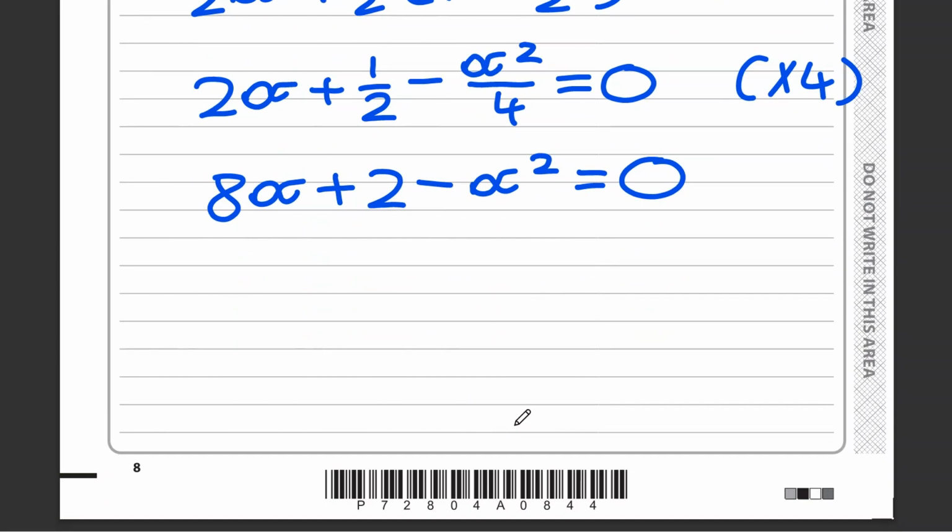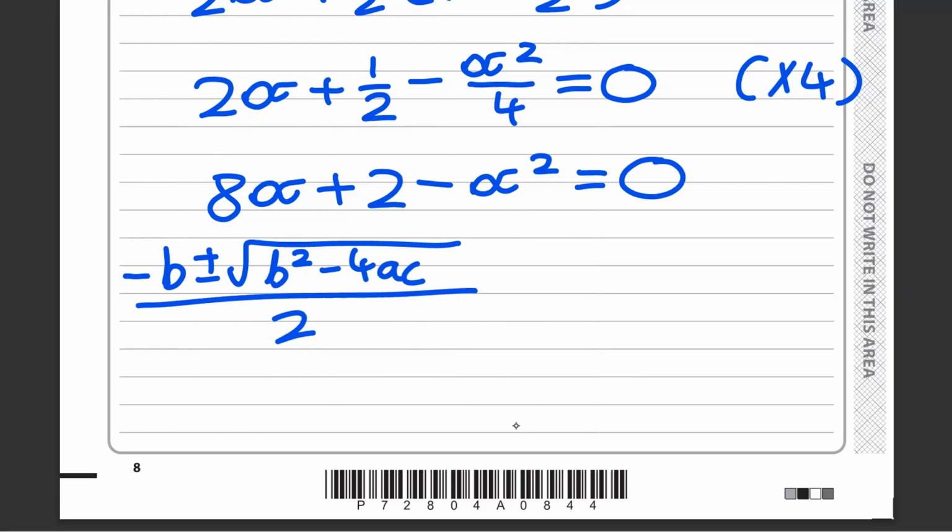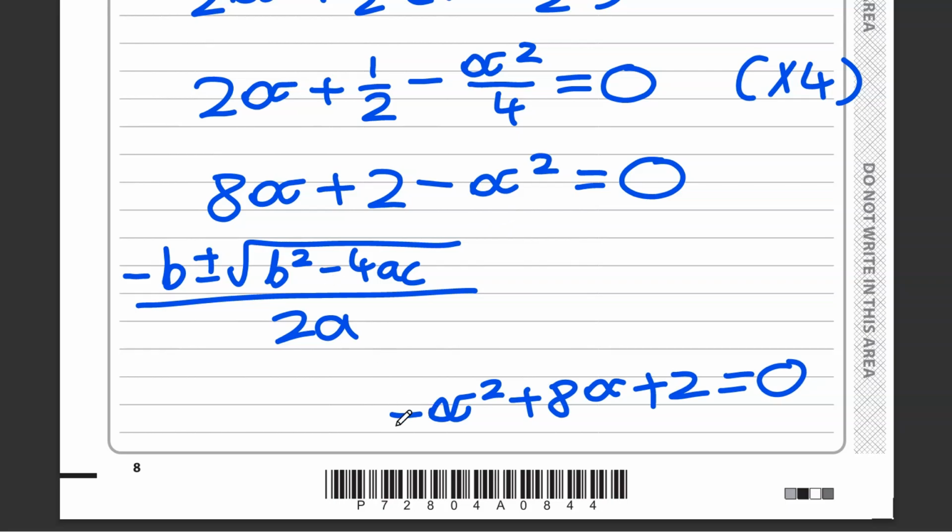As we talked about before, the quadratic formula is minus b plus or minus the square root of b squared minus 4ac, over 2a. It might be easier if we rewrite this in the simple quadratic way as minus alpha squared plus 8 alpha plus 2 is equal to 0. So a is equal to minus 1, b is equal to 8, and c is equal to 2.